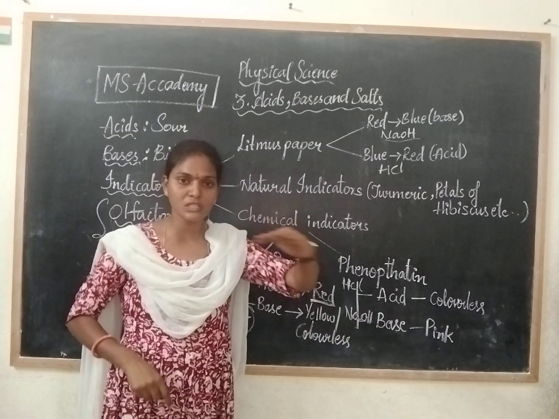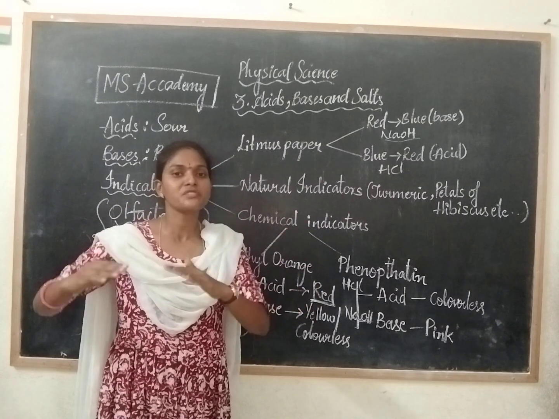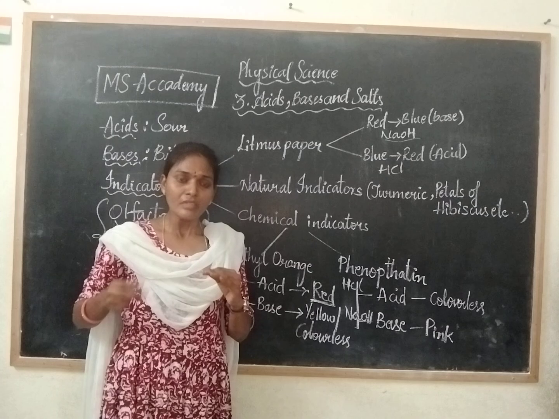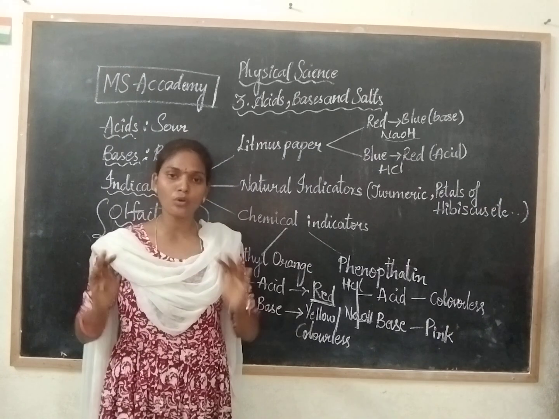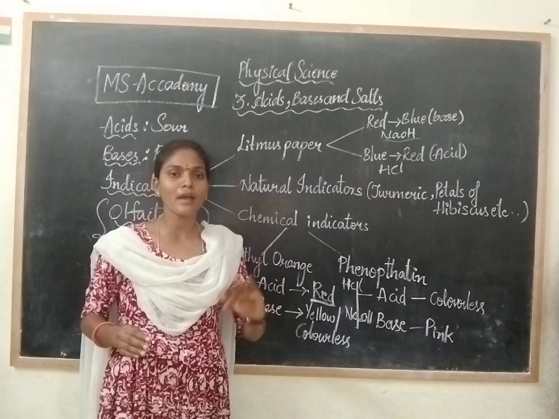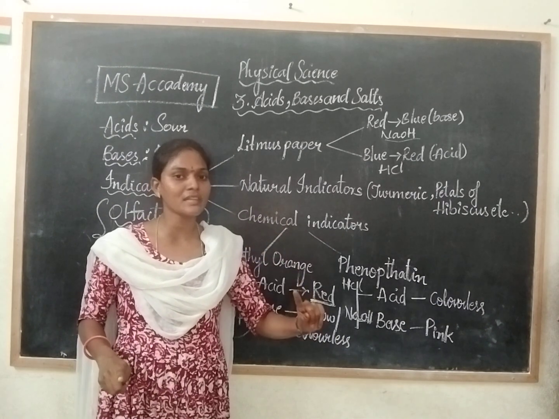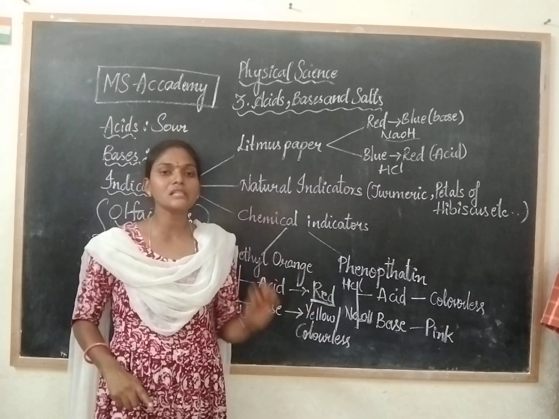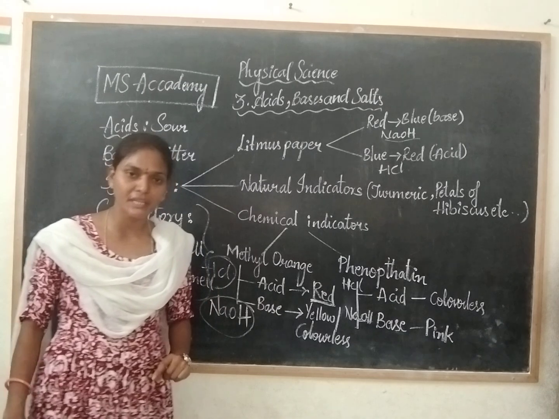One cloth you wash with acid, another cloth you wash with base. The cloth which we have washed with base, the smell will go, and the cloth which we have washed with acid, the smell will not go. In this way also we can prepare the indicators. These are the olfactory indicators.